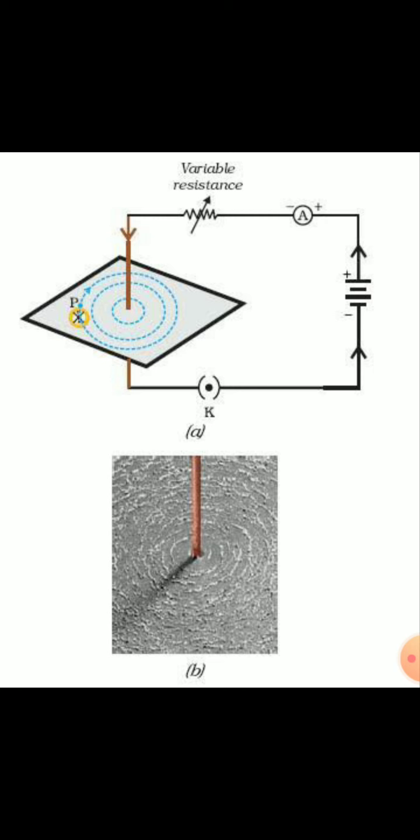So the magnetic field decreases, and as a result we get larger and larger circles for magnetic field lines. So this is all about magnetic field lines due to a current through a straight conductor.